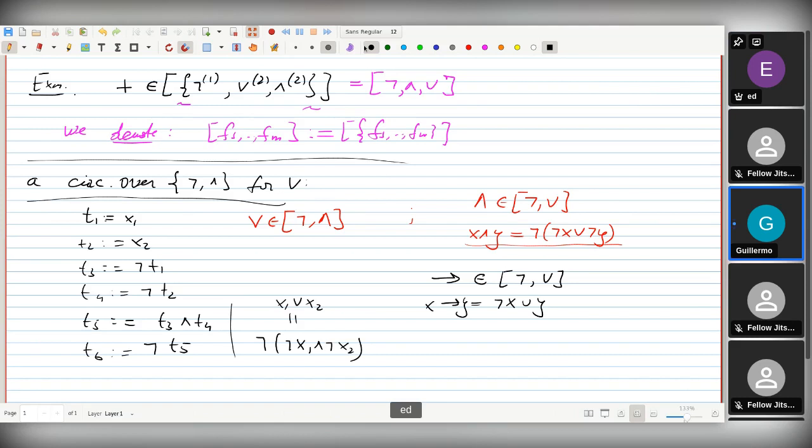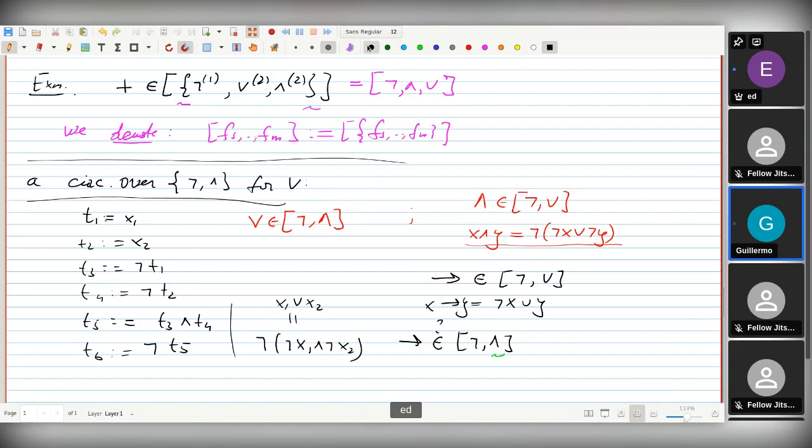Sorry, could you repeat? Can we express implication in terms of negation and conjunction? Not disjunction, but conjunction. Yes.